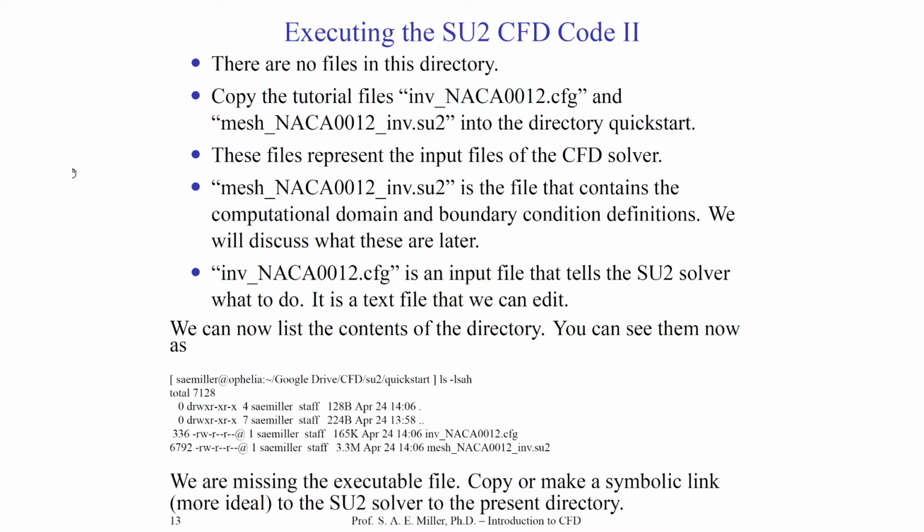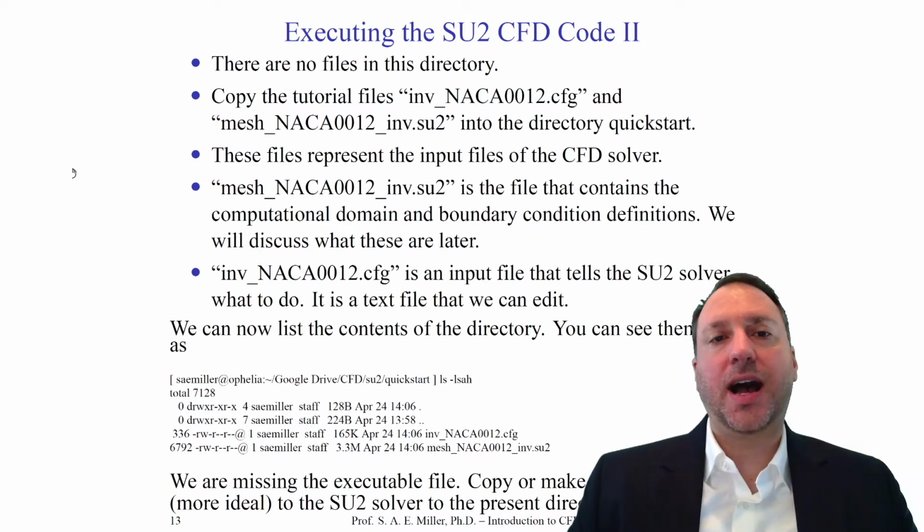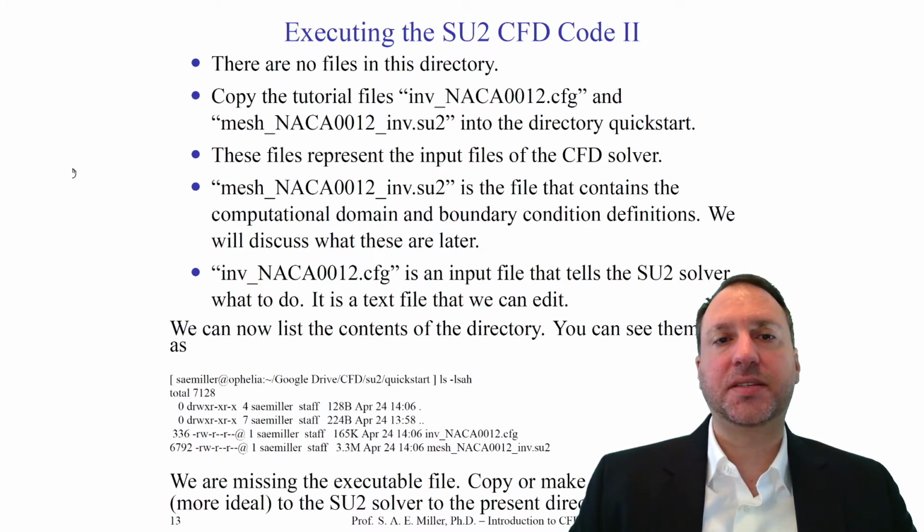Now I want to run my CFD case in this directory. I need to move in some input files for the SU2 code to work on. The SU2 code will require two major files. One is the configuration file. The second is the grid and boundary condition file, which is combined in SU2.